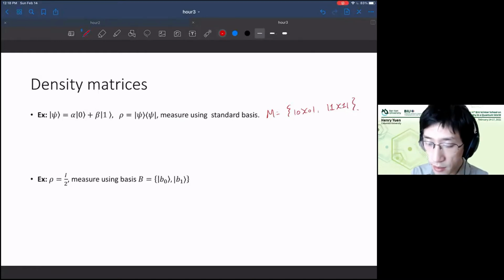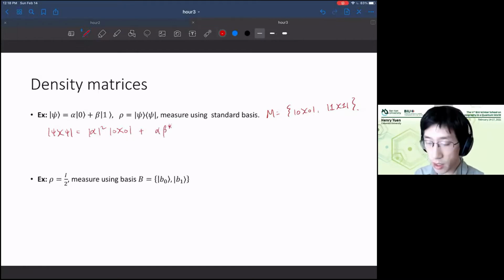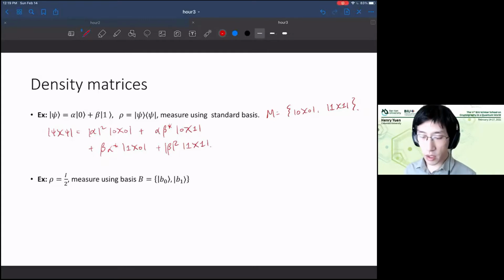Well, if we take the outer product as a matrix, this is equal to norm alpha squared times the outer product |0><0|, plus alpha beta conjugate |0><1|, plus beta alpha conjugate |1><0|, plus norm beta squared |1><1|. So that's the density matrix corresponding to the pure state.